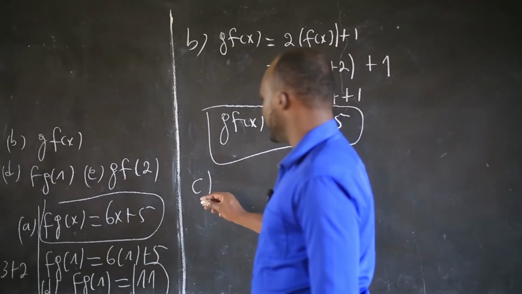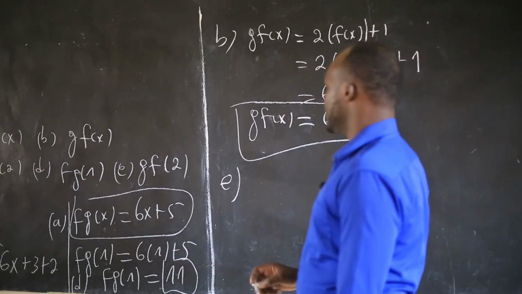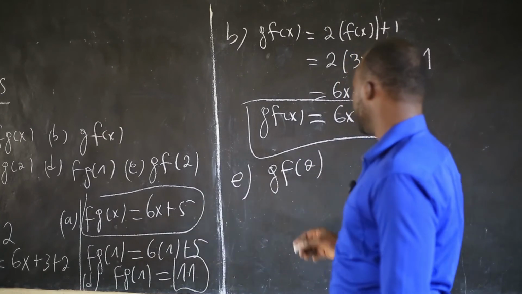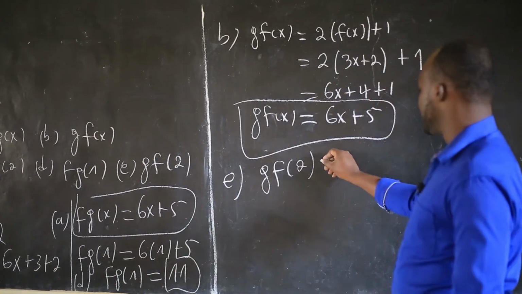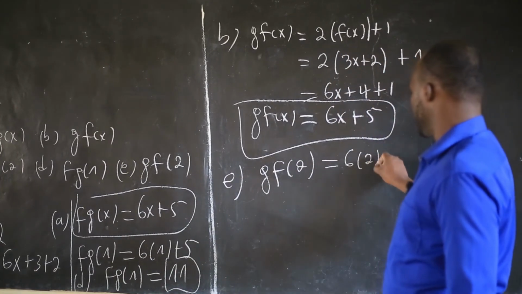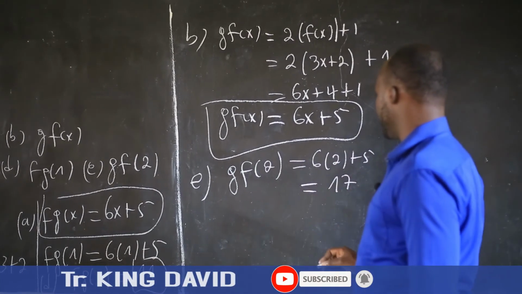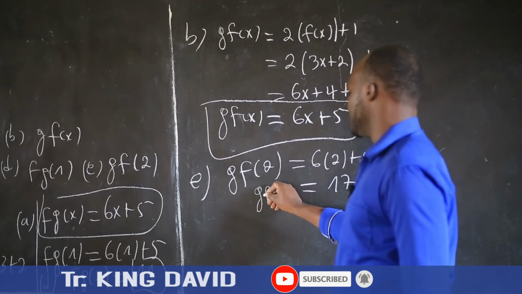Then C. Let me first find E. E, they're asking gf of 2 because you have gf of x. Gf of 2, it will be 6 into bracket 2 plus 5, and that is 17 because it's 12 plus 5, which is 17.